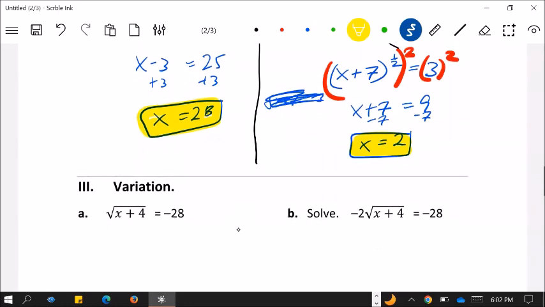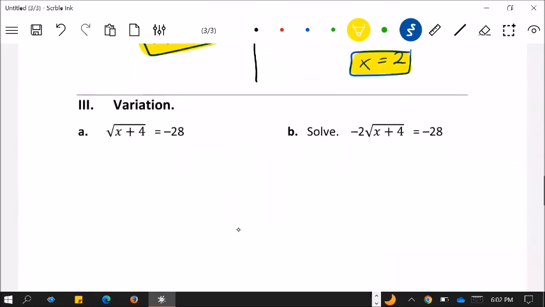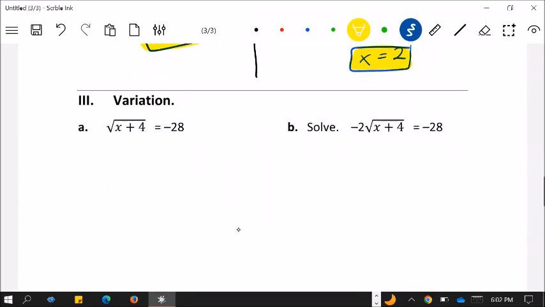Okay, there are a couple of variations here. First one, you have a square root, and a square root result has to be positive, and this one's not. So when you see that, you immediately can say no solution.